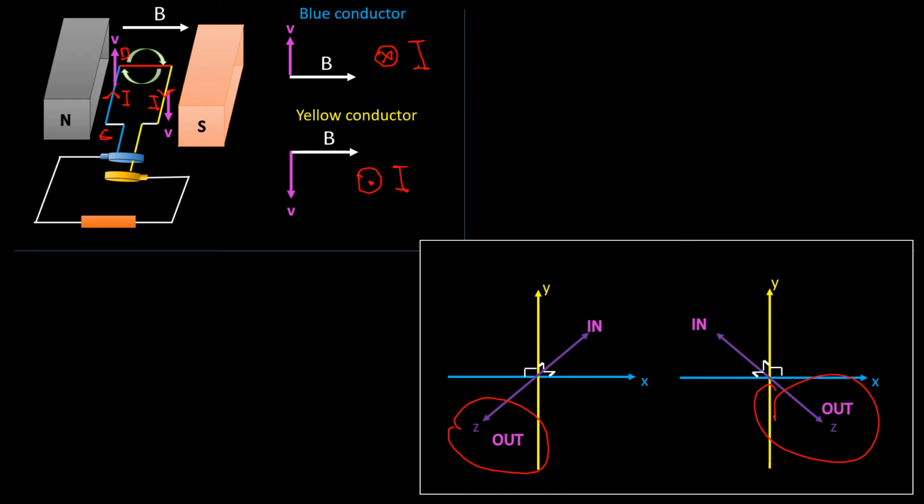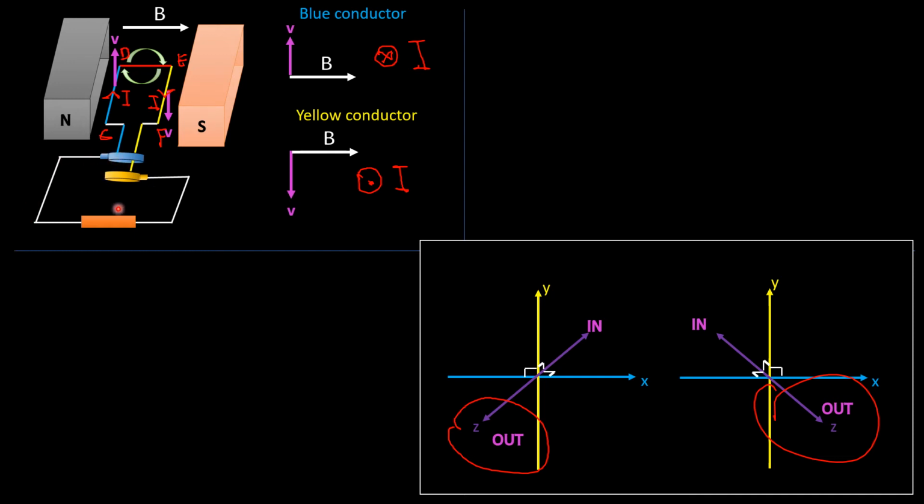I let here be point E and here be point F, which means your current will flow from E to F. In other words, if you look carefully at this diagram now, the induced current will flow from C to D and then from E to F. So the current from the main conductor will come up from the yellow part of your slip rings and then flow back to the blue slip ring.